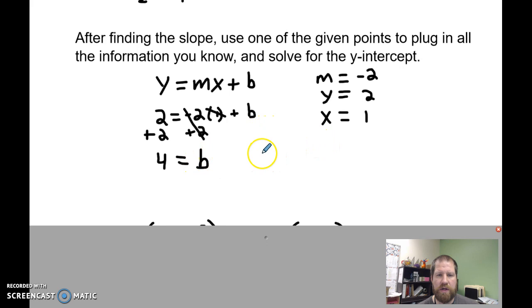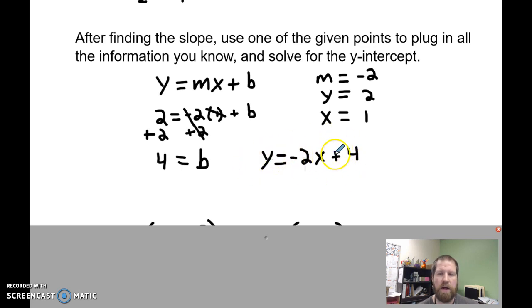So I can write my equation. And now, when I come back, I'm not going to use the specific point. I'm not going to use the point 1, 2 for my equation. I'm going to use the general variables y and x. So y equals my slope of negative 2 times x plus my y-intercept, which is b, which equals 4.